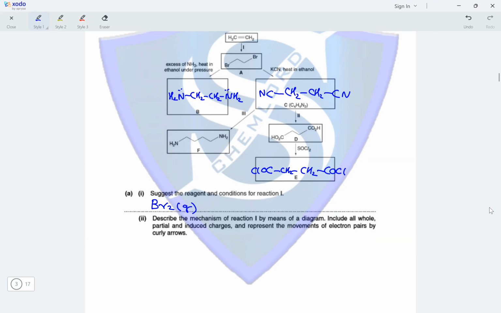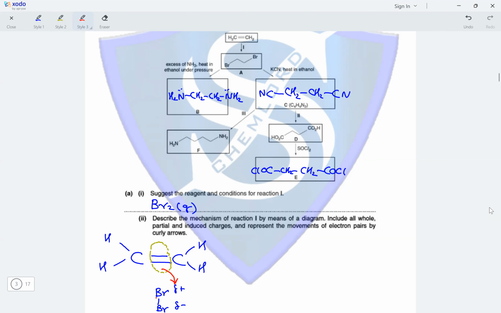So we have a molecule of ethene and a molecule of bromine. Now, the molecule of bromine has a partial positive and a partial negative charge because of the delocalized electron cloud around the double bond, which is attracted towards the positive charge of bromine.